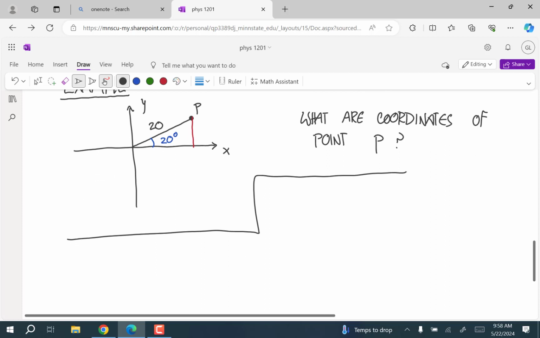Okay, so to calculate the x coordinate, we know that the cosine of 20 degrees is equal to the adjacent over the length of the hypotenuse.